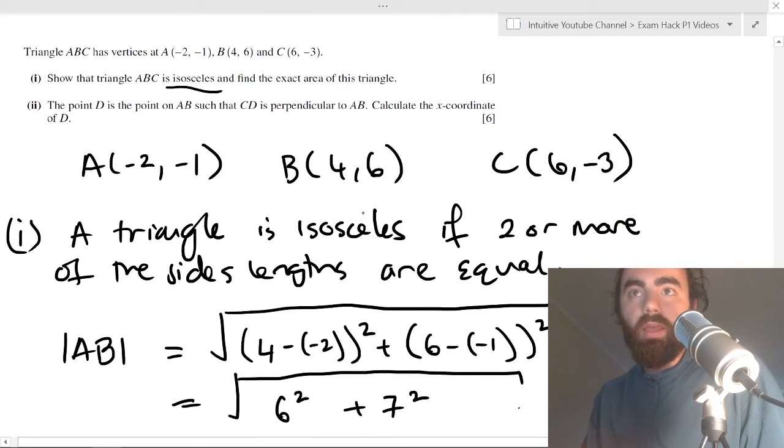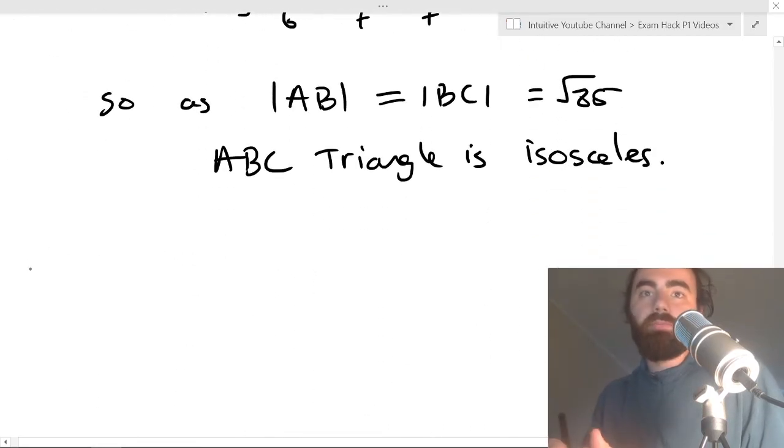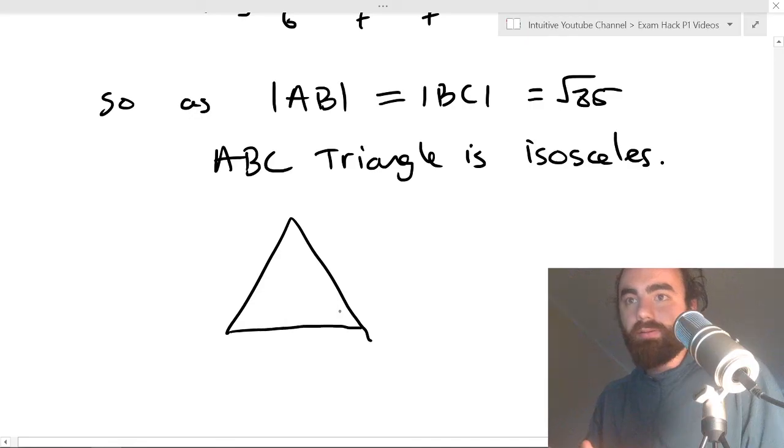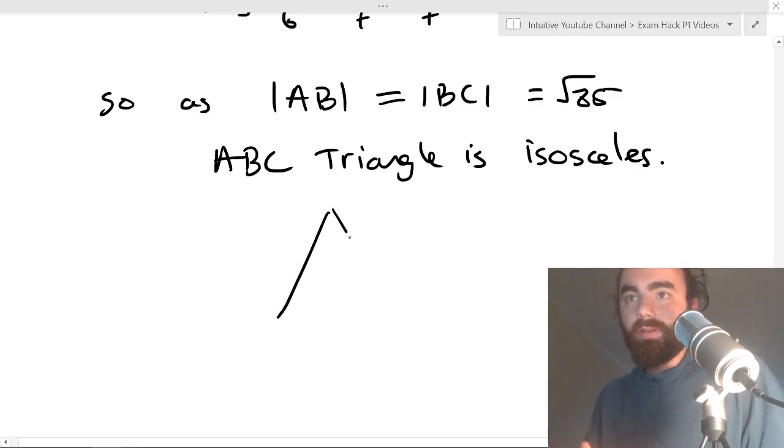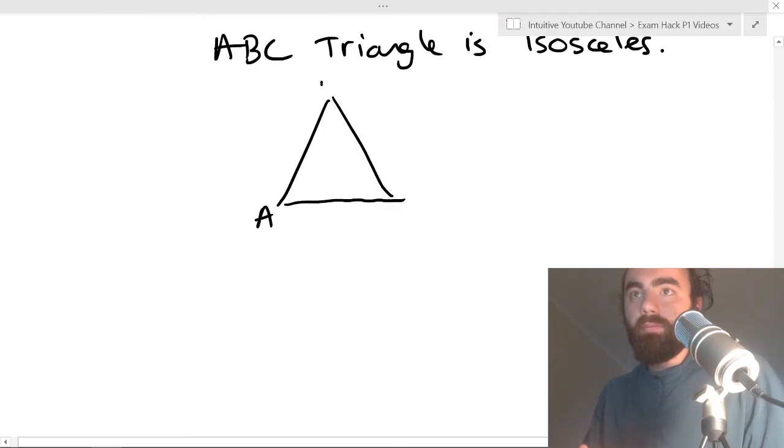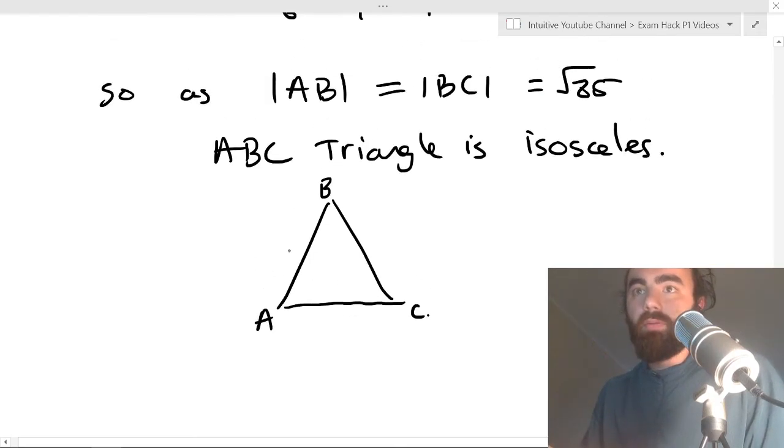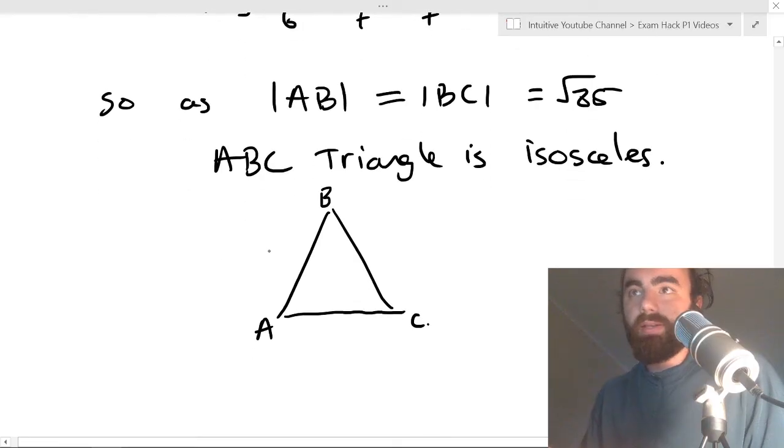Okay. And then it also wants us to find the exact area of the triangle. Well, let's think of this triangle something like this, where you've got your A, your B, and your C, where AB and BC are the same, so these lengths are both the square root of 85.